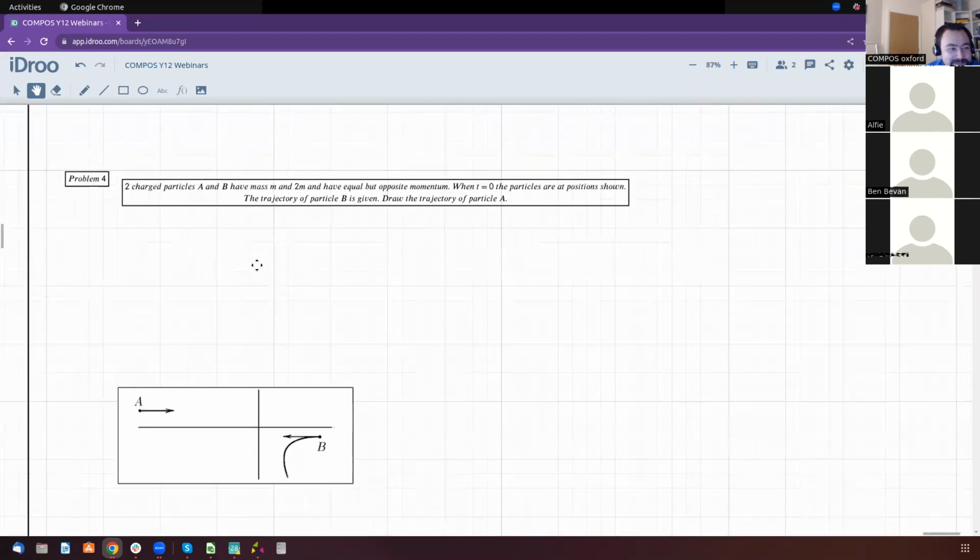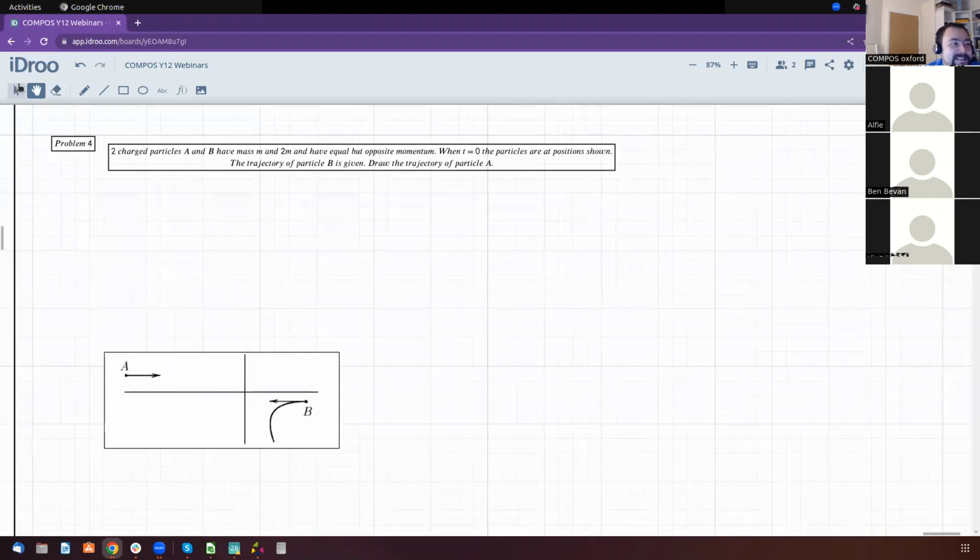Okay, problem 4. It's another amazing question. Two charged particles, A and B, have mass m and 2m respectively. So A has a mass of m, and B has a mass of 2m. They have equal but opposite momentum.